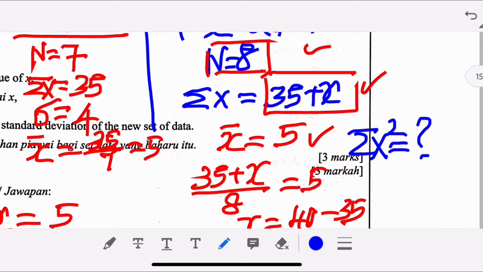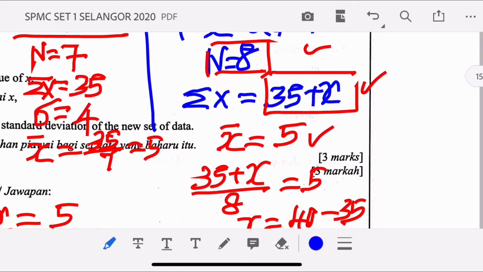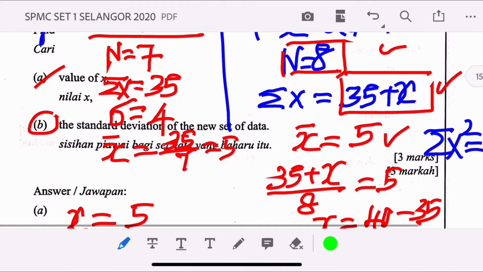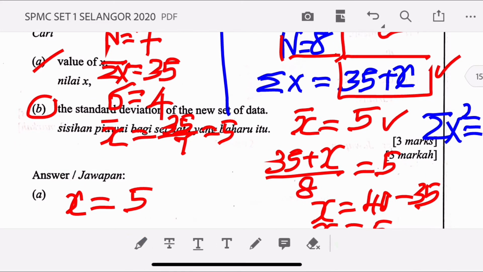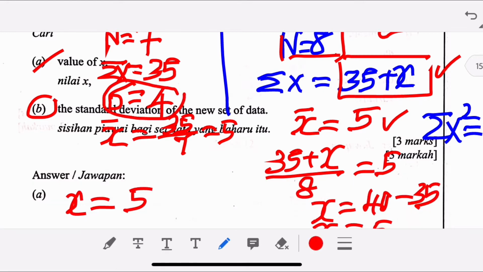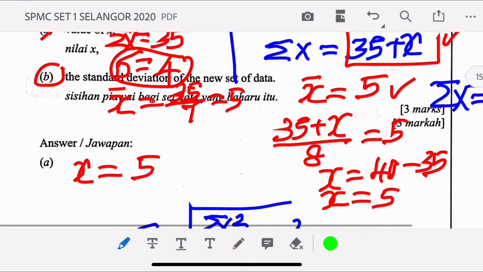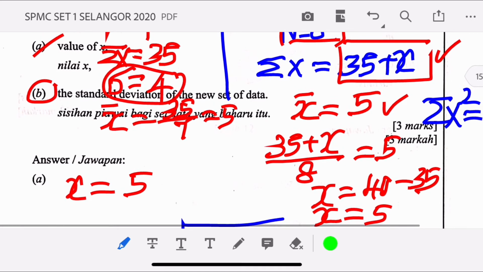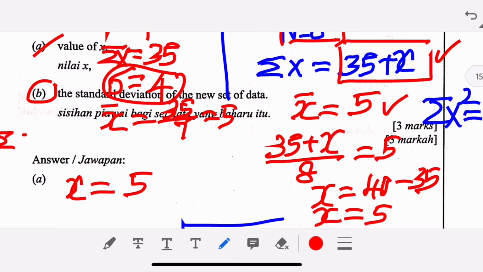Okay, but for the original one, we need to calculate it because we were given the standard deviation. Only with the standard deviation can you find the variance. With the variance you can find the sum of the data square, right?